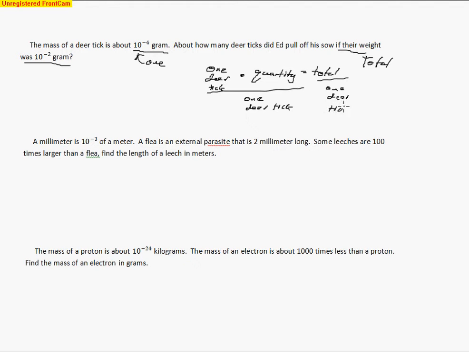And so that's going to be our formula for this. We're going to set it up as the total, which was 10 to the negative 2nd grams, divided by 10 to the negative 4th grams. When we do this, we use that subtraction method, because we are dividing, so we subtract the exponents.